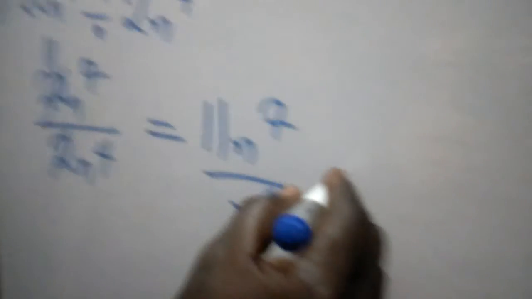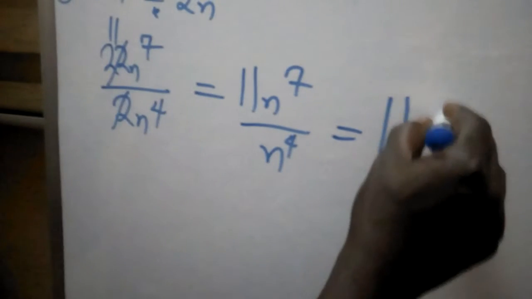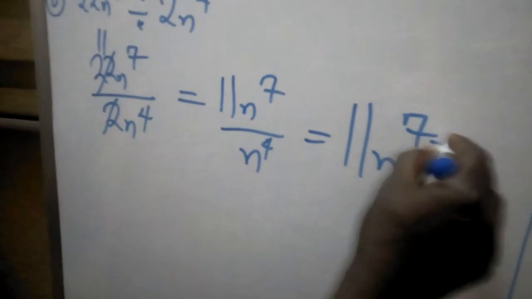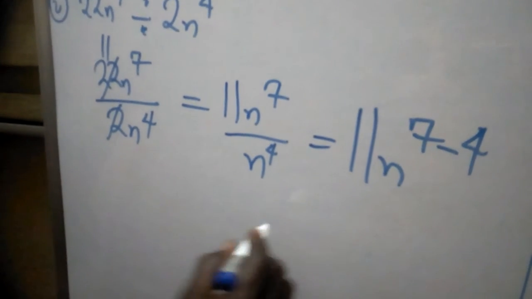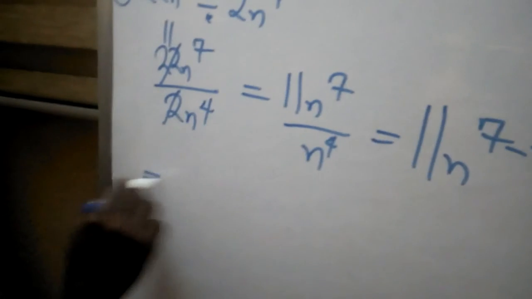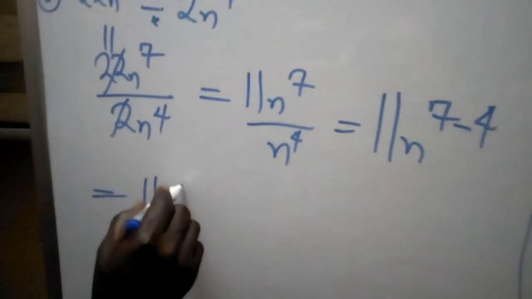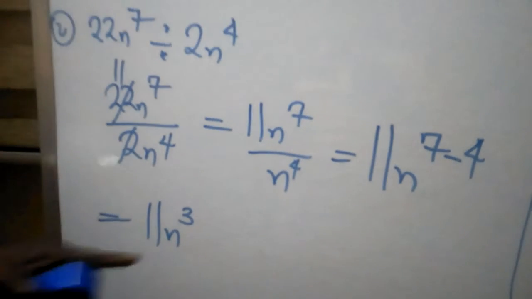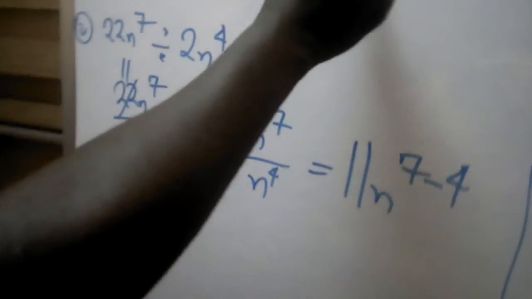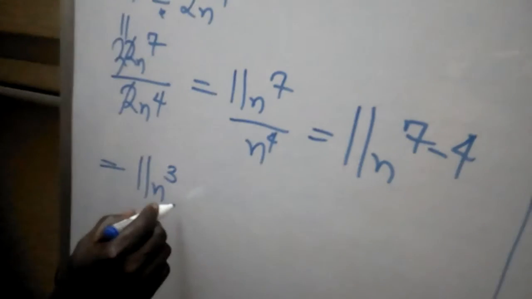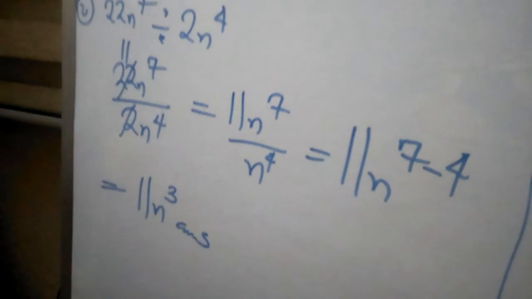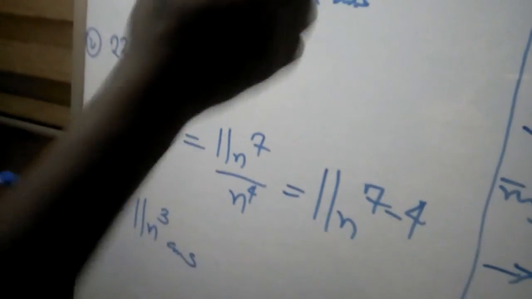When this n goes up, you now have 11 n raised to power 7 minus 4. This will give you 11 n raised to the power of 3. This is your answer for this equation.